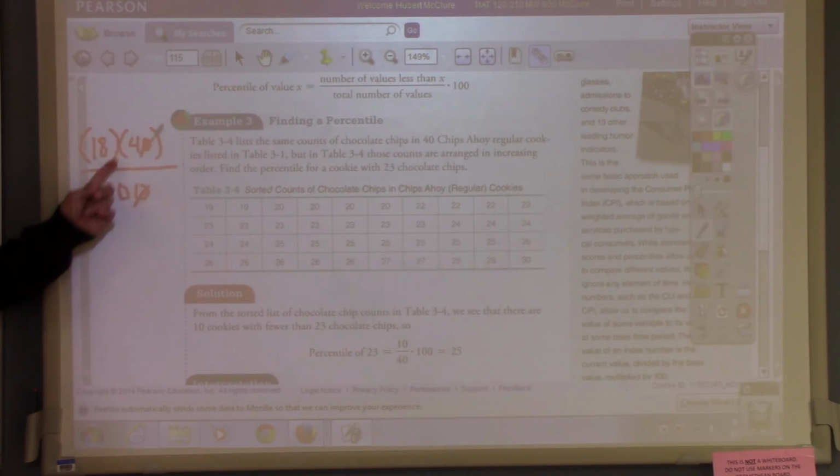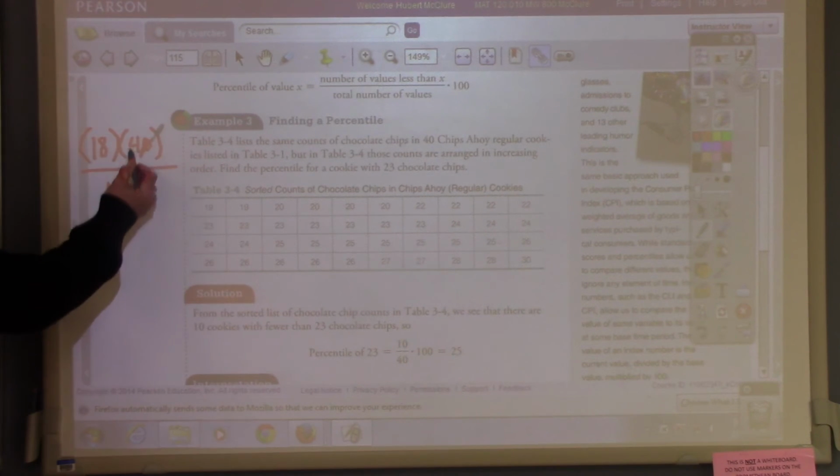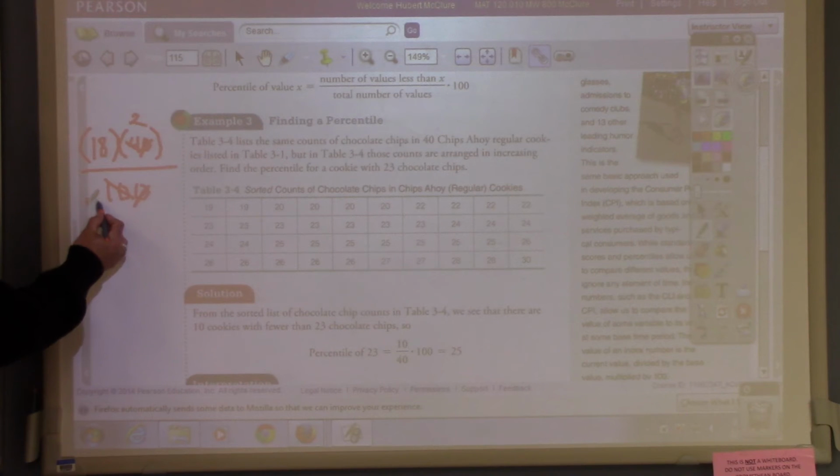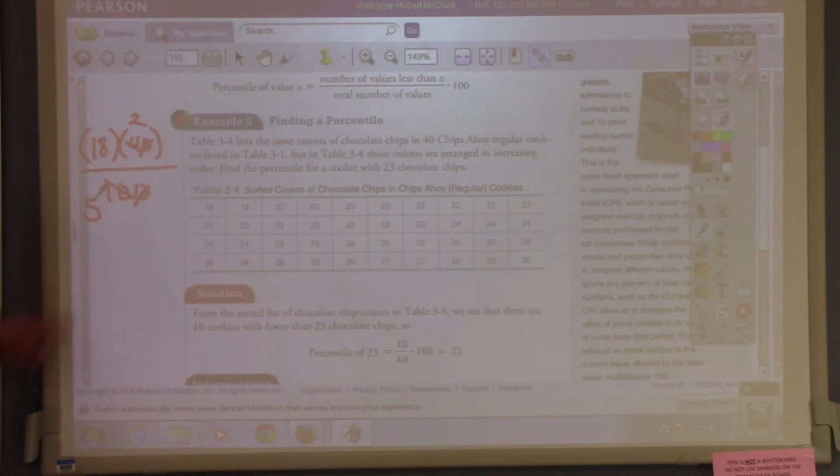And what can I do with that 4 over 10? That could be 2 over 5. And now you got 18 times 2 is 36. Right? 36 divided by 5. Or you can say 72 divided by 10 is 7.2.